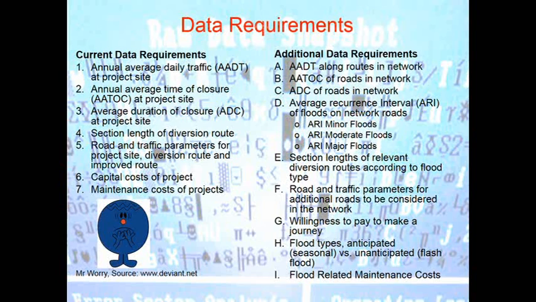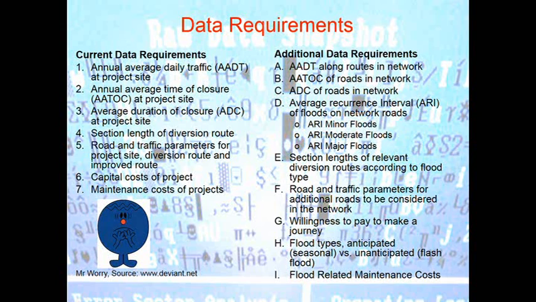So in order to pick up these benefits, typically you're going to need data. The typical data that you can get in terms of your traffic volumes is very typical data that you require for almost any cost-benefit analysis relating to roads and transport. But with flooding, you need a little bit more, for example, the annual average time of closure. So what is that?